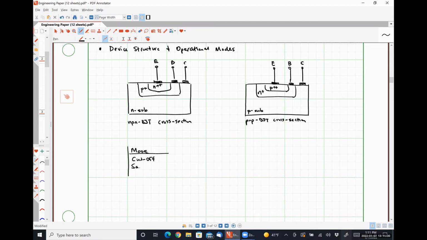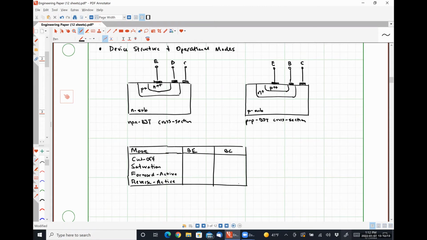We're going to have what's called saturation. Then we have forward active. And then we have reverse active. Then we have to care about the base emitter junction and base collector junctions, relative polarity.